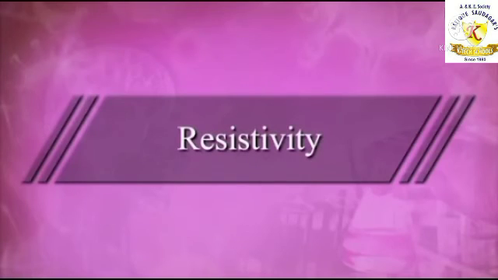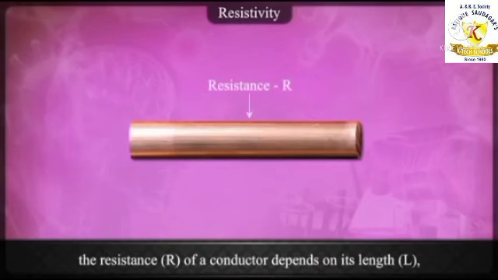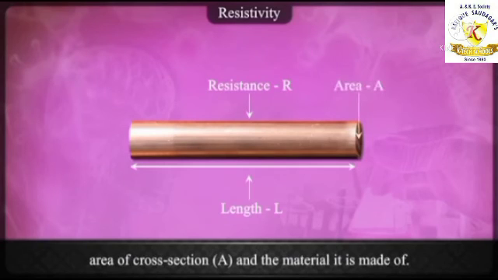Next, resistivity. What is resistivity? At a given temperature, the resistance R of a conductor depends on its length, that is L, the area of cross section, denoted by A, and the material it is made up of.